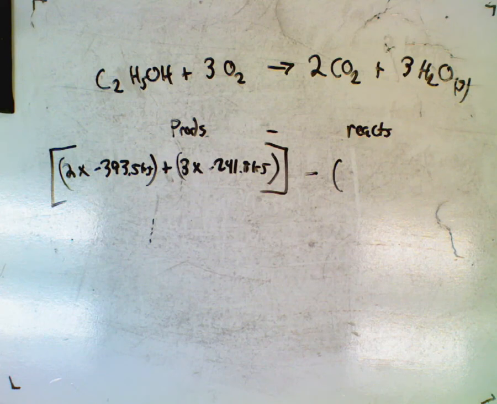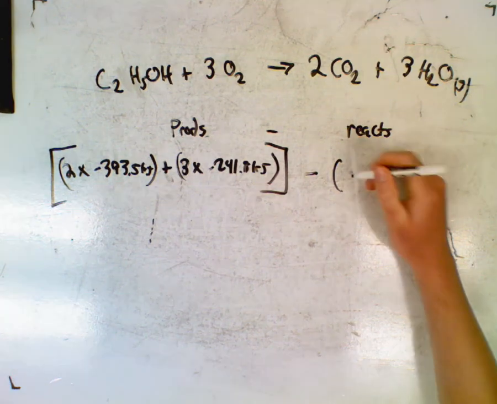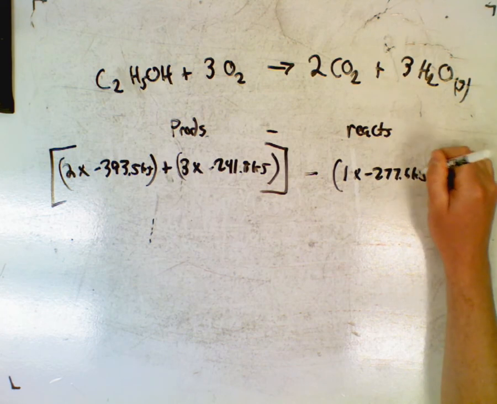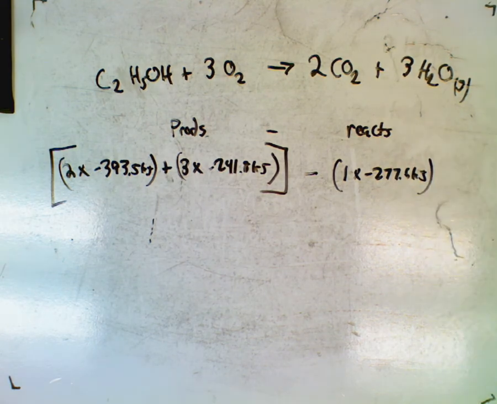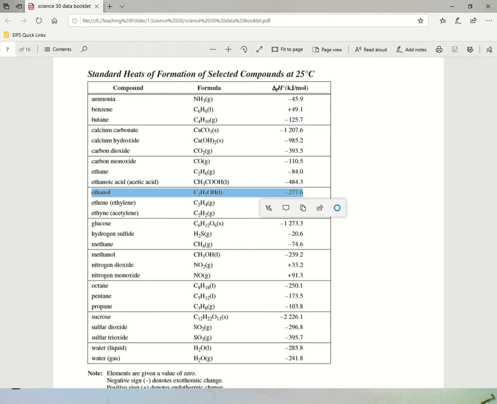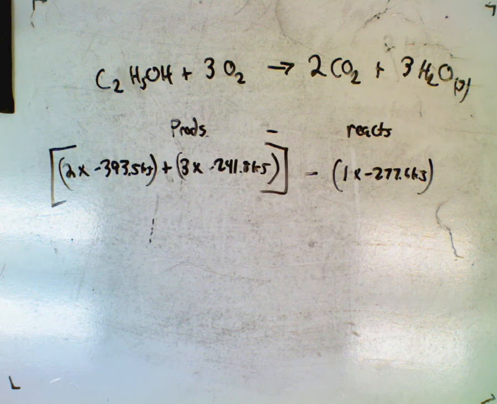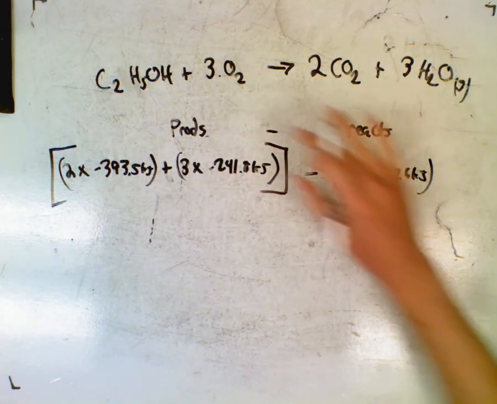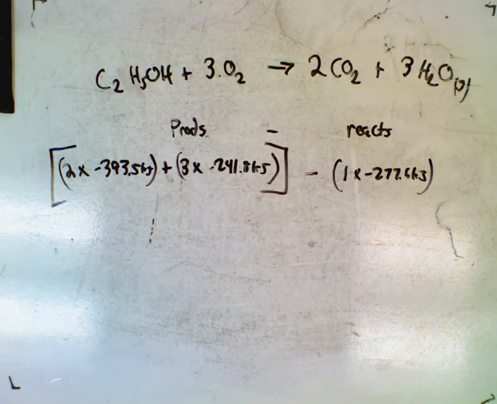So there's one of them, and then we'll times it by negative 277.6 kilojoules. So just double check that that's the value. Yeah, 277.6. And we also have 3 oxygens, but oxygen's going to be 0. So I'm just going to leave that out there because there's no real point in putting that in there because it's just going to be 3 times 0.